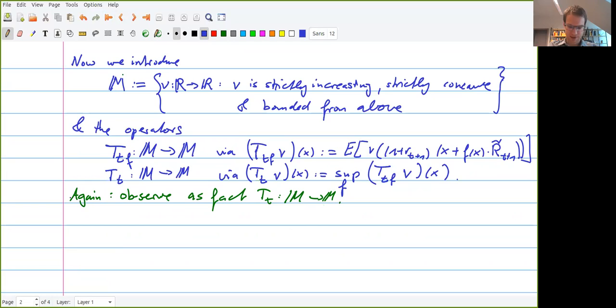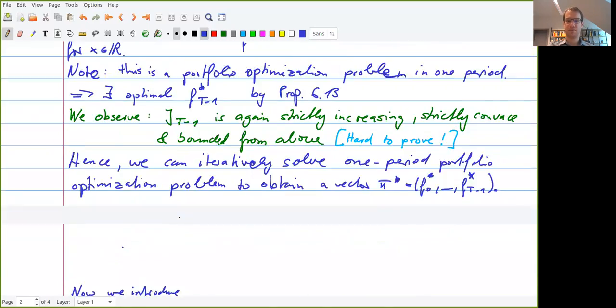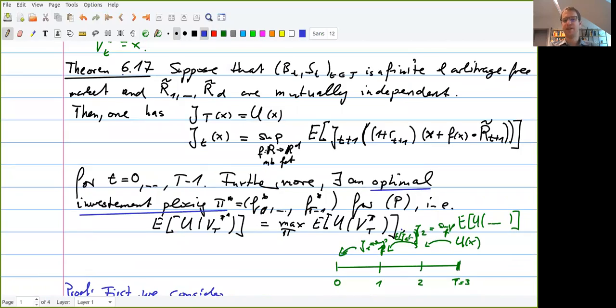Okay, and now we basically want to do a backward induction, because the first thing we know is by definition JT equals U. If you go back to our theorem, the first thing we claimed is that JT at the terminal time is just the utility function.